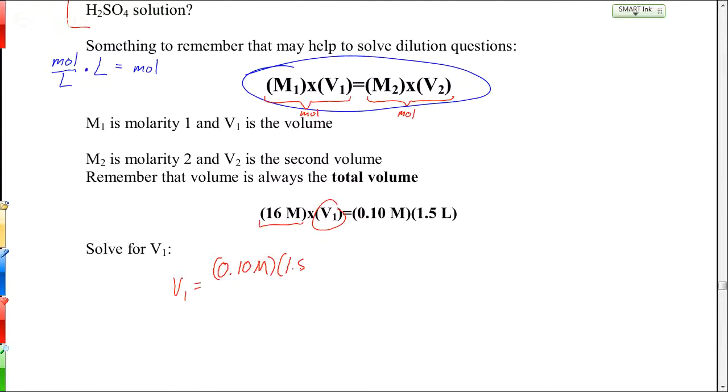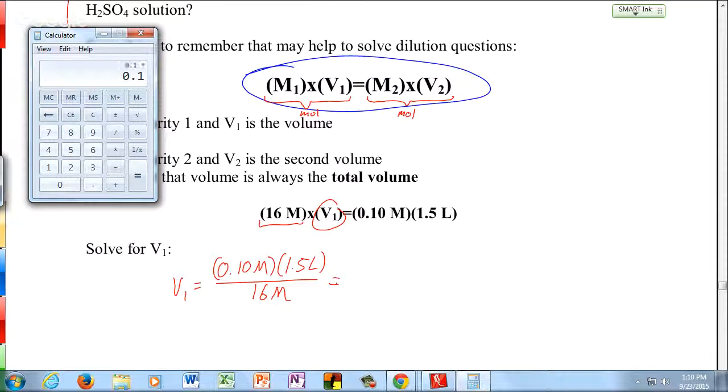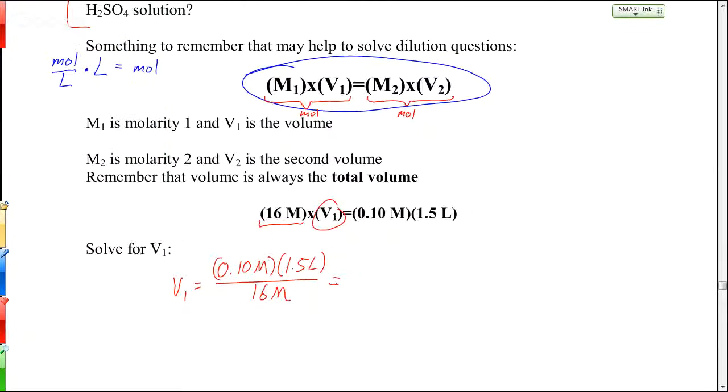0.10 molar times 1.5 liters divided by 16 molar. It's 9.38 milliliters or 9.4 milliliters.